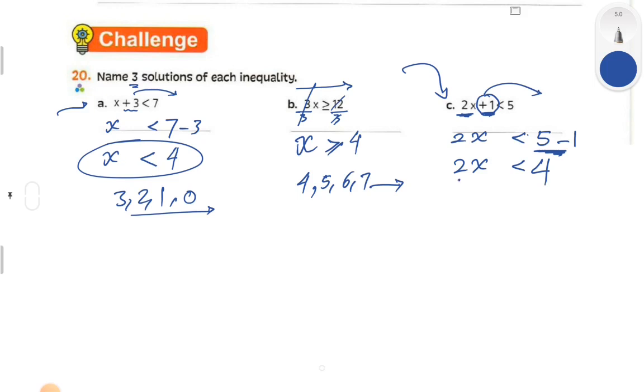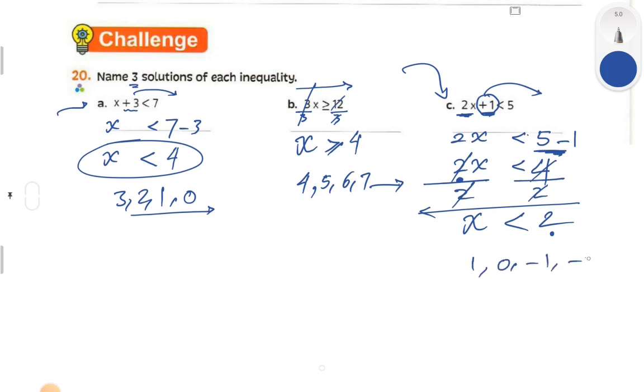Now I need to remove 2 by dividing both sides by 2. 2 over 2 equals 1. So I have just 1x less than 4 over 2 equals 2. So x less than 2. Less than, go to the right or go to the left? Go to the left. What's to the left of 2? Maybe 1, 0, negative 1, negative 2 and so on.